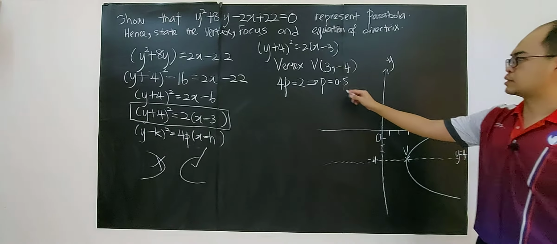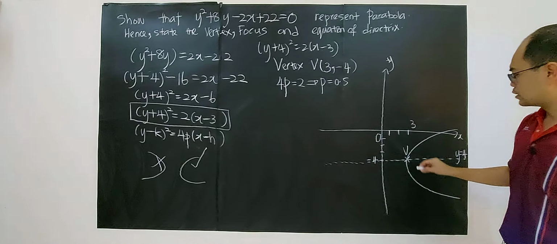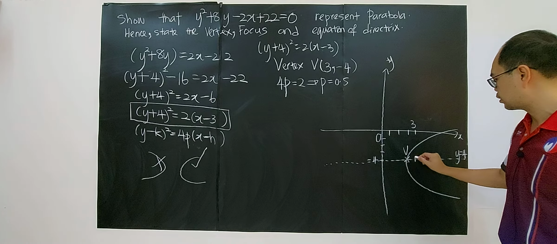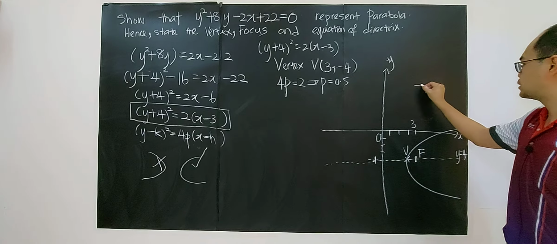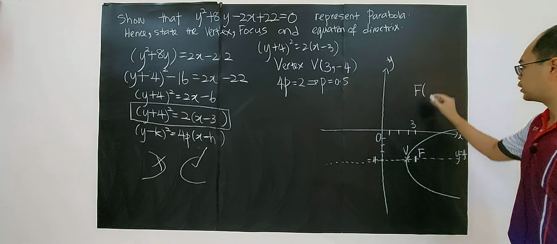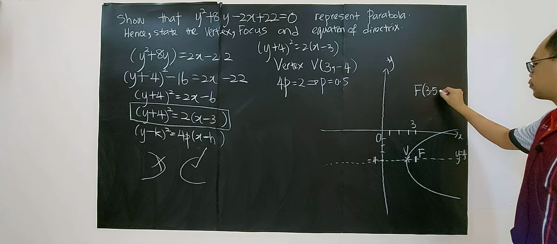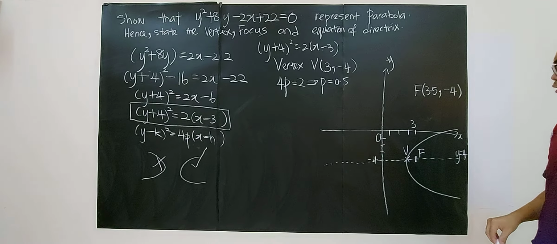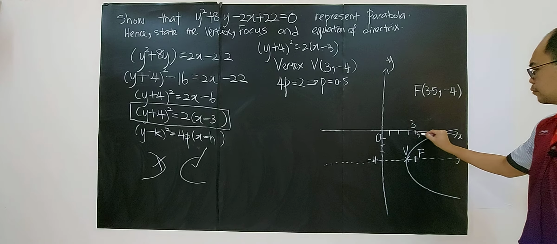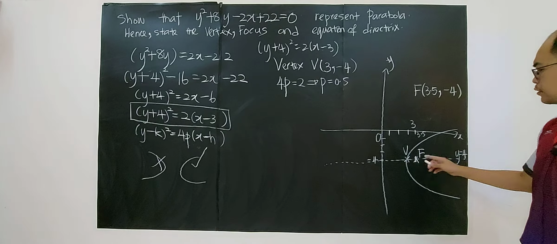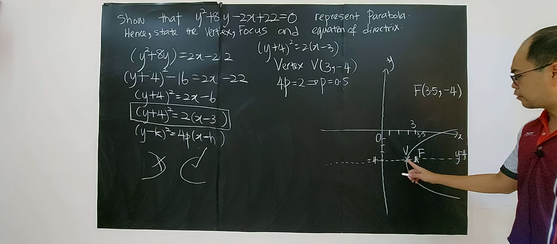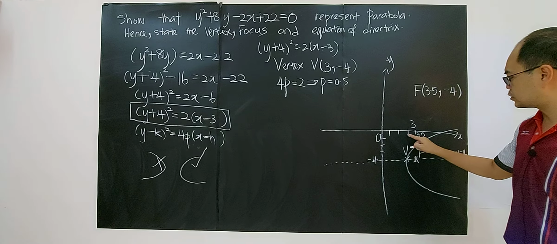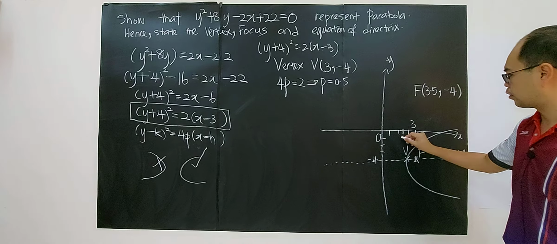As you know, the distance is p equals 0.5. So you just add 0.5 to the vertex, and this will be your focus. Your focus is 3 plus 0.5, which is 3.5, and the y will be negative 4. So 3.5, negative 4 is somewhere around here. Your directrix will be on the opposite side, 0.5 from the vertex, going to the left: 3 minus 0.5, you have 2.5.